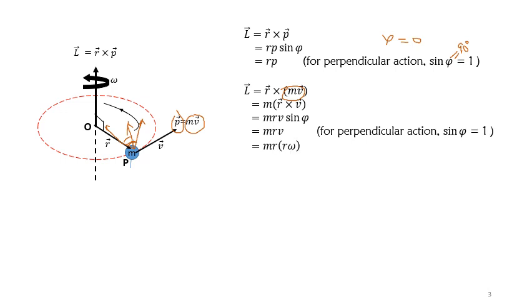Also, V is a product of the radius of rotation and the angular velocity. Substituting it into this expression, we have the next expression, which is m r squared omega, expressed as I omega. I is m r squared and is called the moment of inertia of the body.